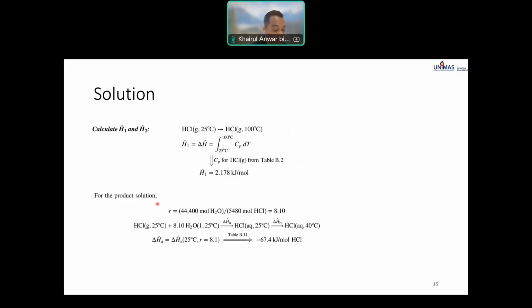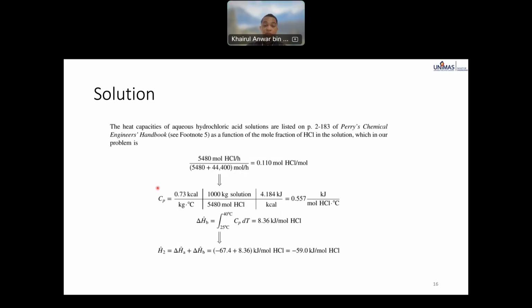For Table B.2, the state for hydrochloric acid is gas form. We call it hydrogen chloride in gas form, although the formula is HCl, the same. In gas form, you can get it from Table B.2, but in liquid form, that's why it's referred to the Chemical Engineers' Handbook.